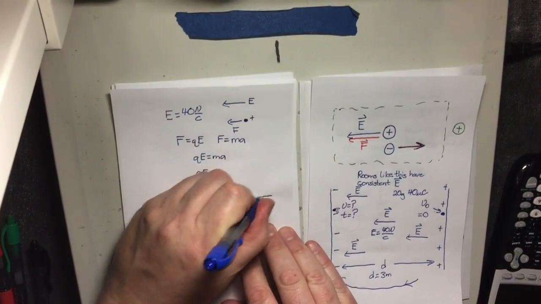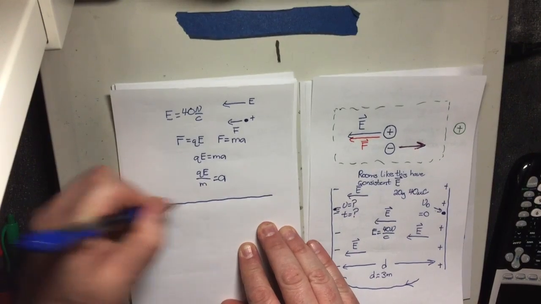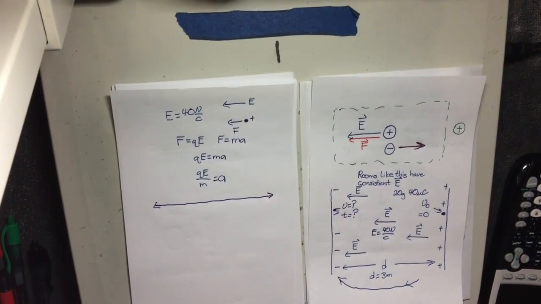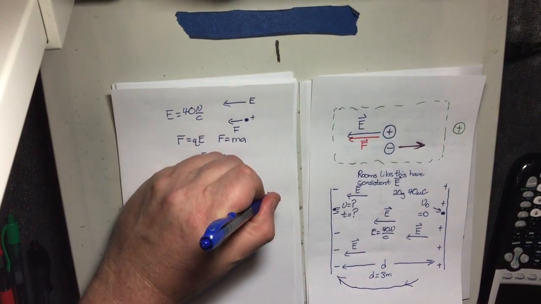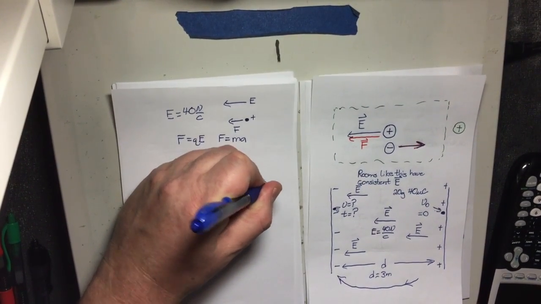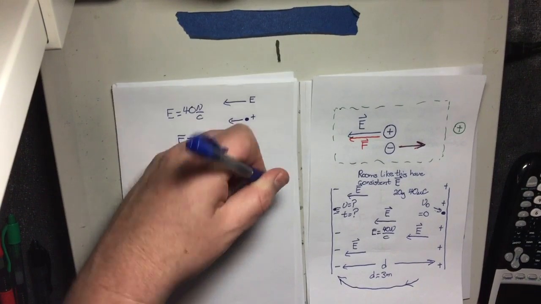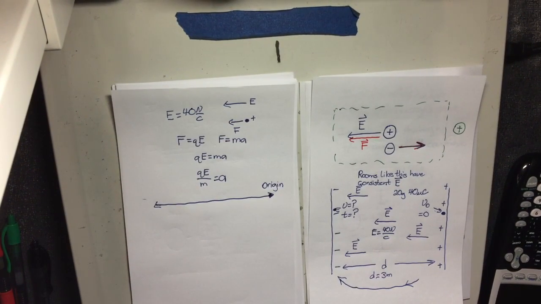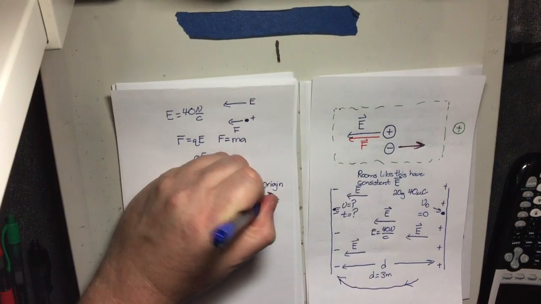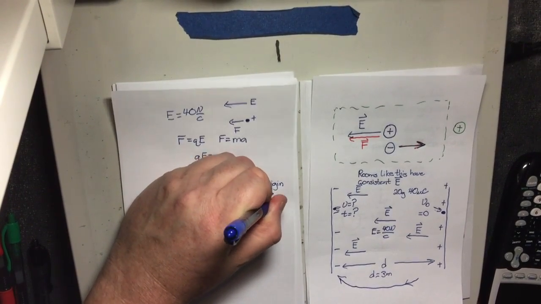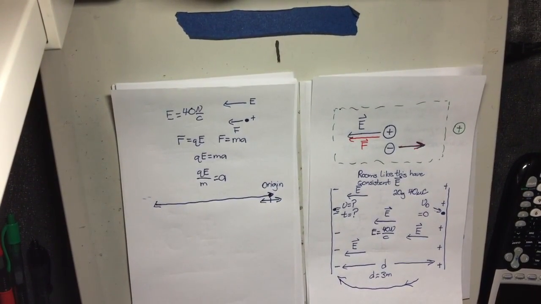Now, it is a one-dimensional motion problem, so we have to go through all of the basics of solving a one-dimensional motion problem. You set an origin, which typically is the starting position. You set up a positive and a negative side.